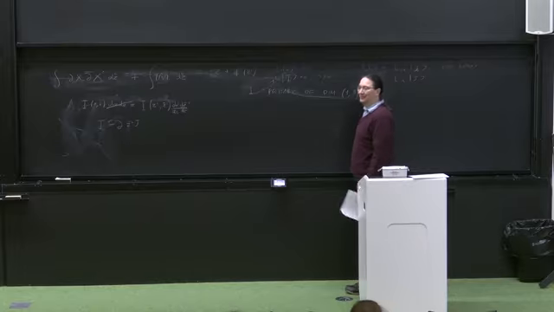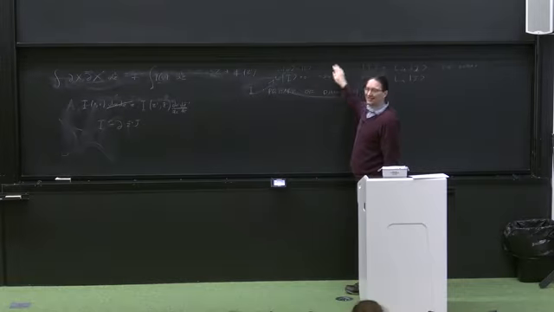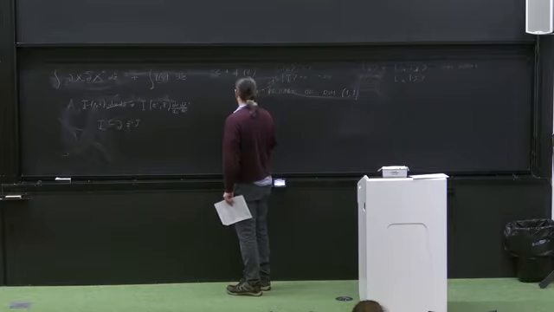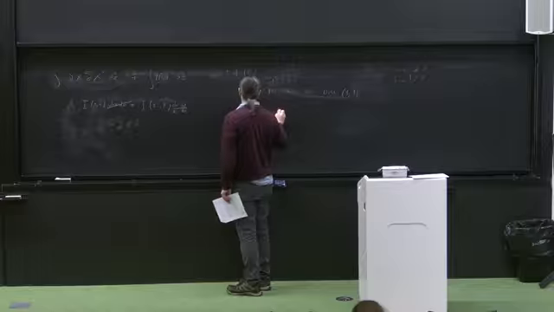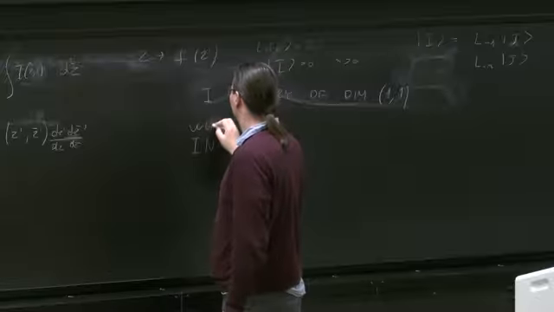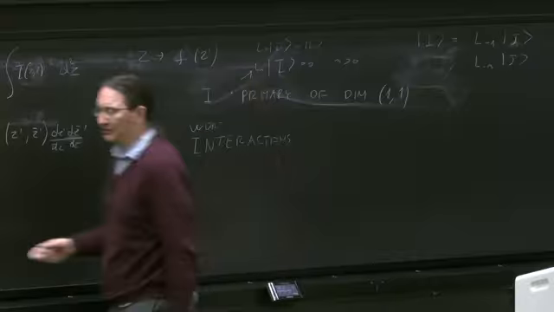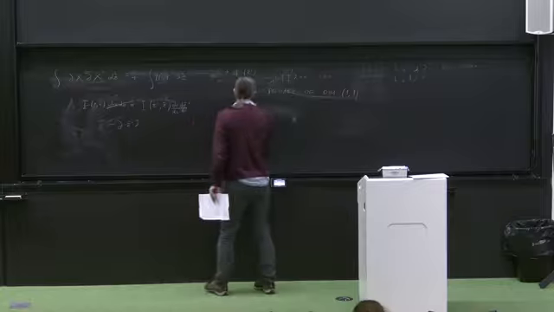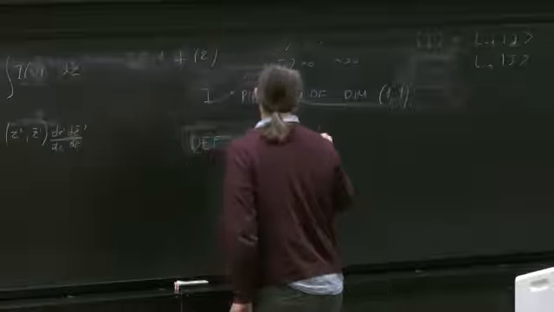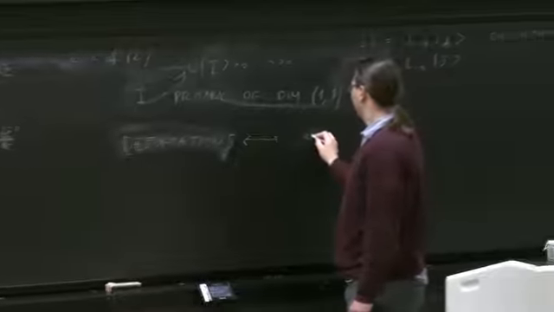But that's literally the same as saying physical states modulo null states in string theory. So there is a strange correspondence between interactions that I can put on the worldsheet, I should call it deformations of the worldsheet theory, and states, string states.